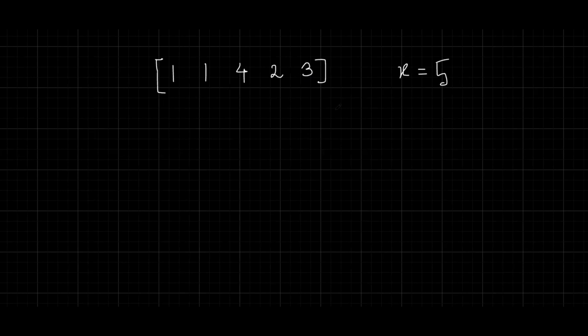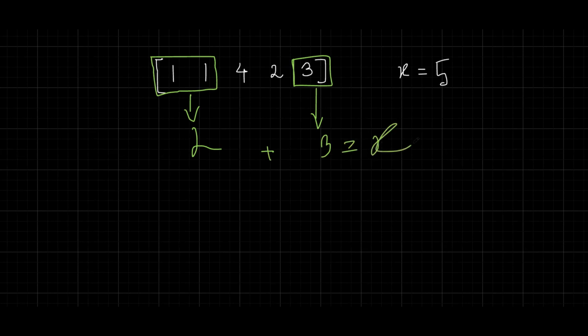At first, let us understand what the basic intuition is. Basically, in this problem, if you are familiar with the prefix sum and the suffix sum, then it will be a little bit easy. Basically, what we are saying is that in this problem, we have to find a prefix sum and a suffix sum whose summation is equal to x.